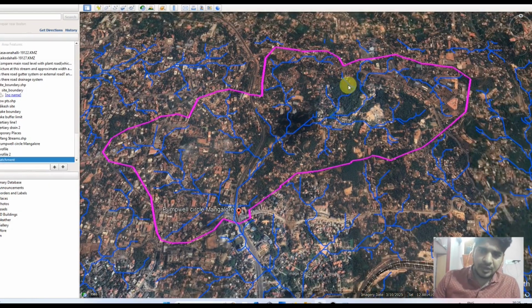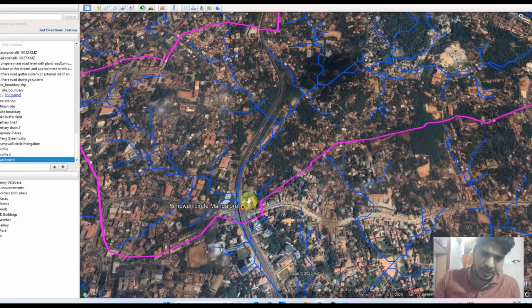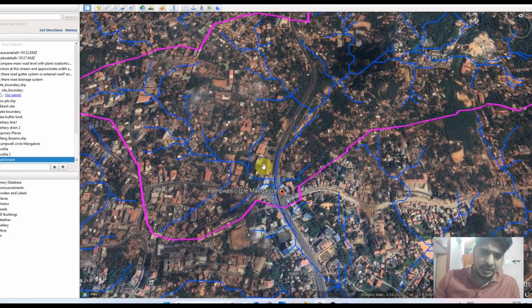Whatever rainfall comes within this 350 hectare catchment area all discharges to this Pumpwell circle. That is one of the reasons causing the flooding. I mention it is one of the reasons, because there are other reasons that I will tell you next.